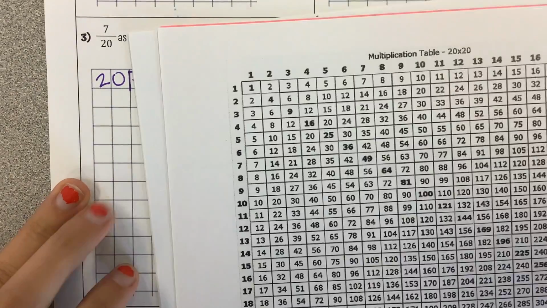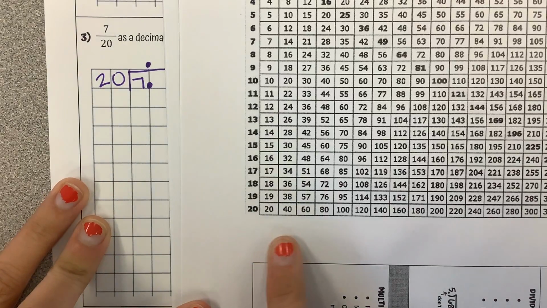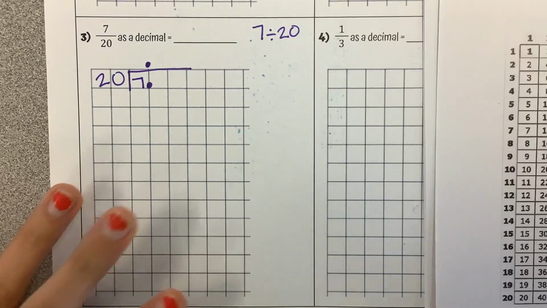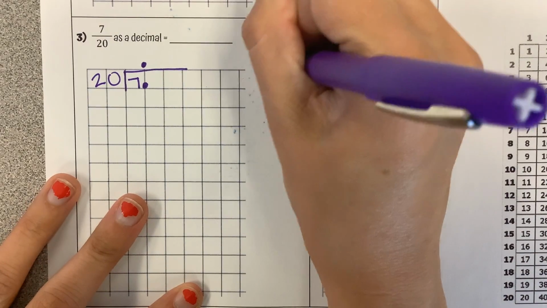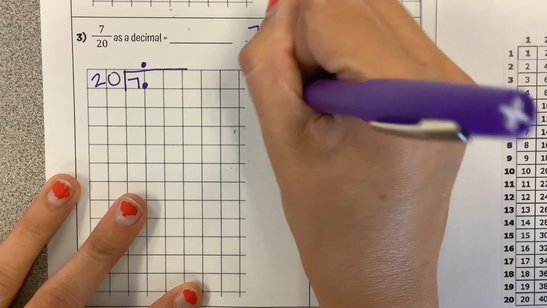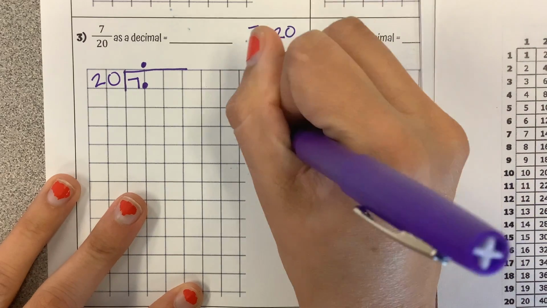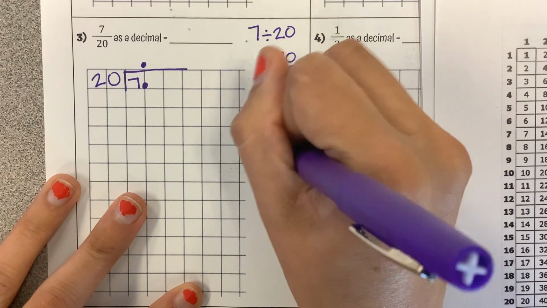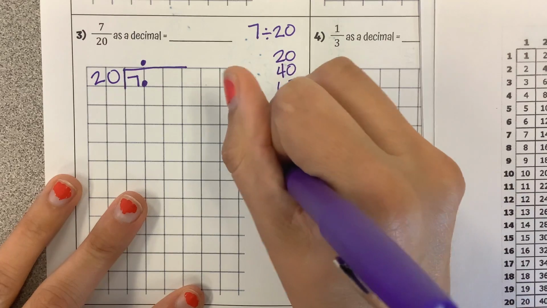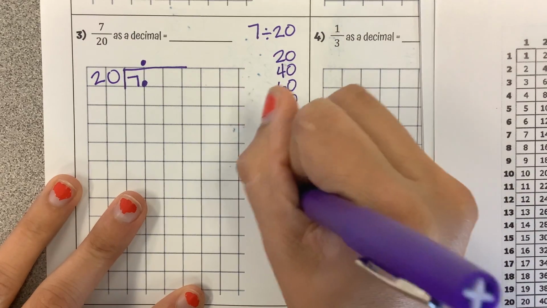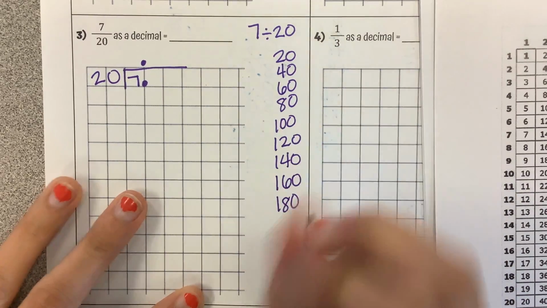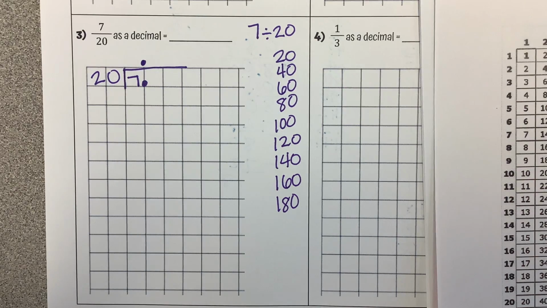And then I'm going to use my multiplication chart to help me list out the multiples of 20. So we got 20, 40, 60, 80, 100, 120, 140, 160, 180. And now I'm going to divide.